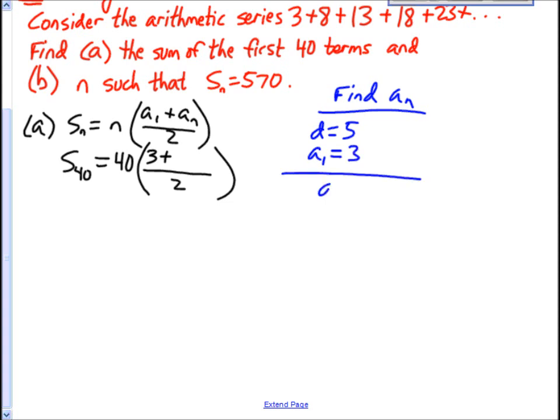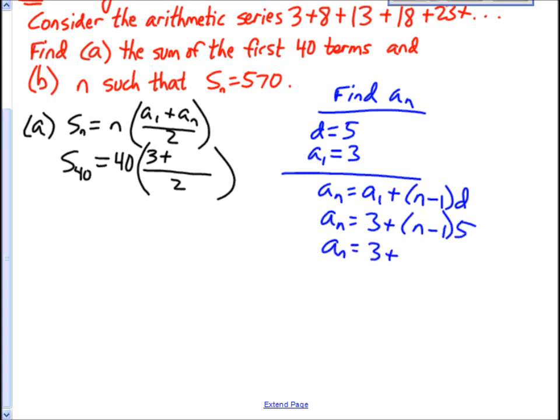So we can write this formula now. The nth term is 3 plus n minus 1 times d, which is 5. So the nth term is 3 plus 5n minus 5. And the nth term is 3 minus 5, negative 2 plus 5n, or 5n minus 2, right?